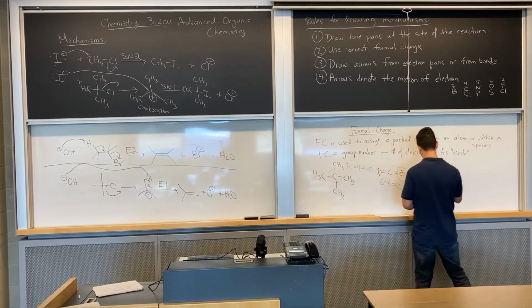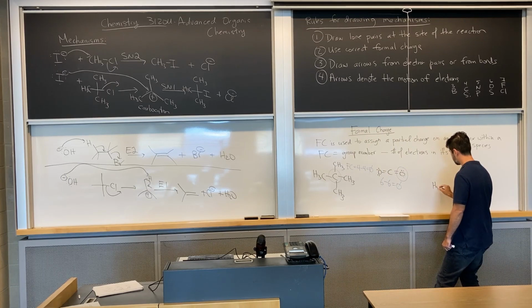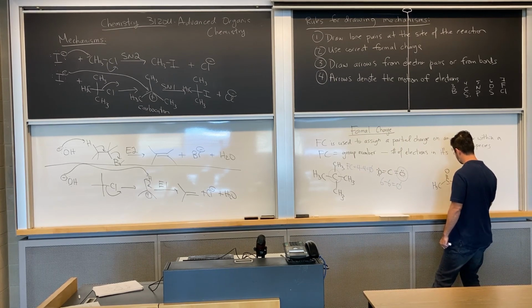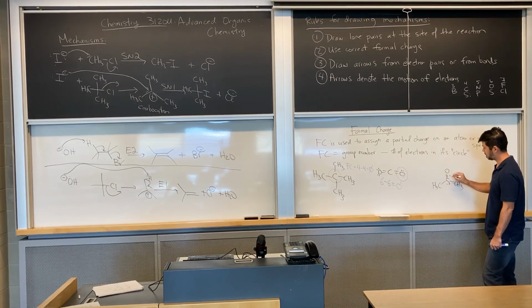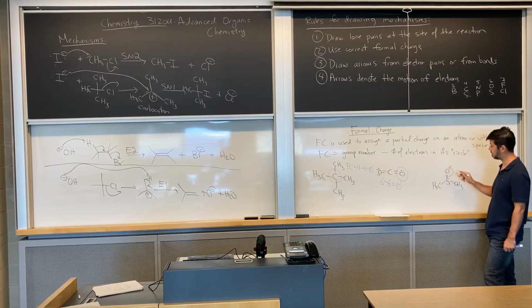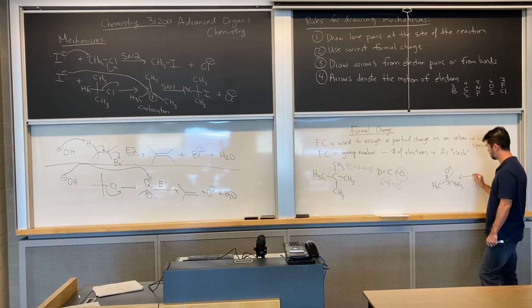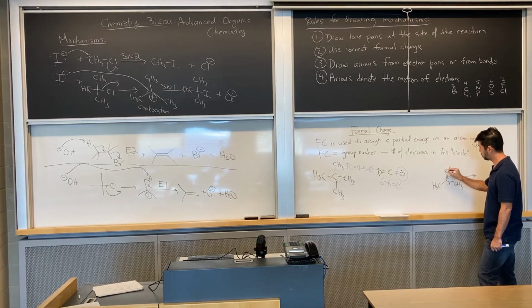Last example here that I'll look at is this molecule here called dimethyl sulfoxide. And this exists in a particular resonance form in which I'll put electrons from this pi bond up to that oxygen. And then what I want you to do is determine the formal charge.